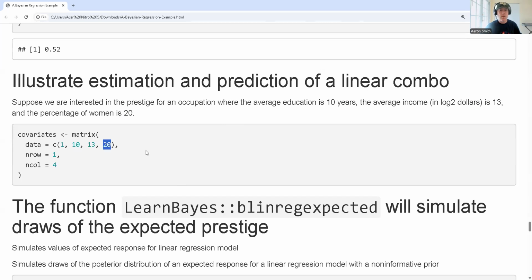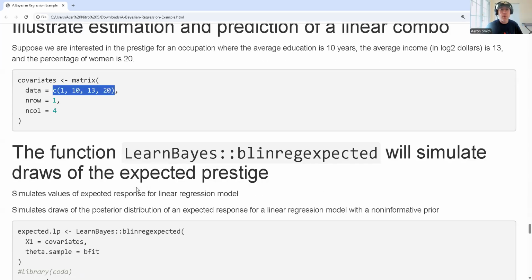What are we going to get for that? I'm going to take these values, make them into a new row, drop it into the model, and do another random number generation to get an entire distribution of what the value is going to be.